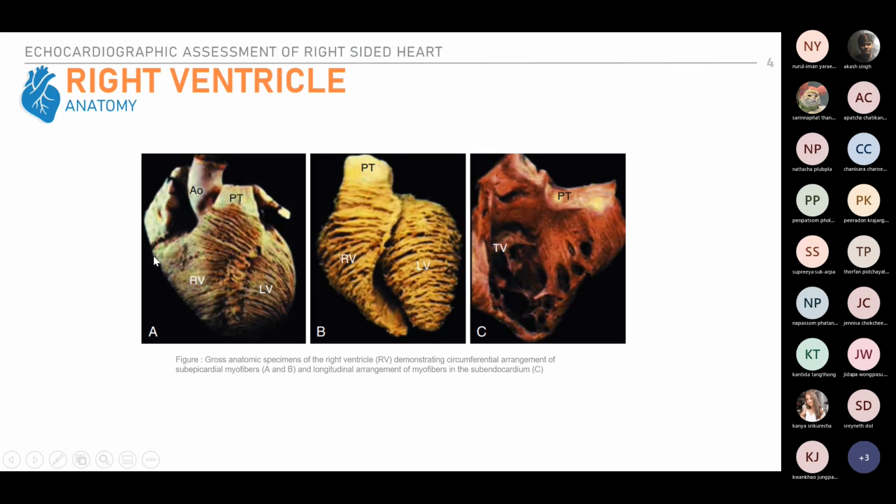And RV has myofiber arrangement in the epicardium, which occurs in a circumferential direction, and longitudinal myofiber arrangement in the endocardium. So RV contraction can occur in two main directions, which are circumferential direction and longitudinal direction.